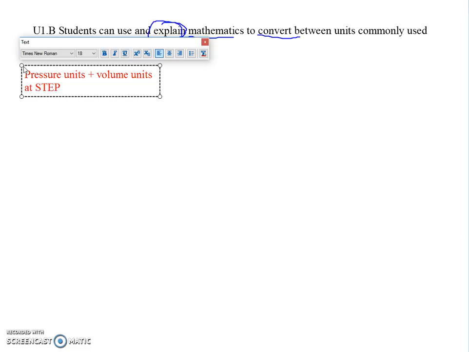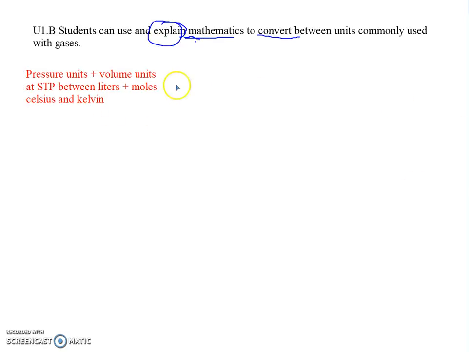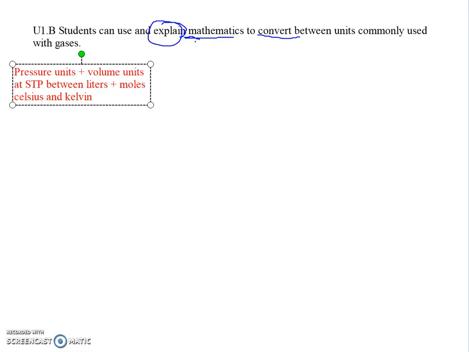Conversions at STP between liters and moles, and then Celsius and Kelvin, which I would have to say you've gotten very good at doing. Just make sure that if I ask you to show your work, you can show your work for the Celsius and Kelvin. So the pressure units, for instance, would be, I don't know, I've got 3.5 ATM.